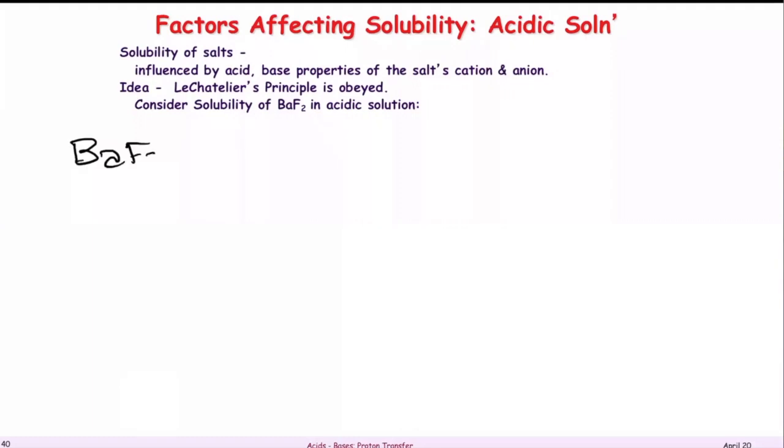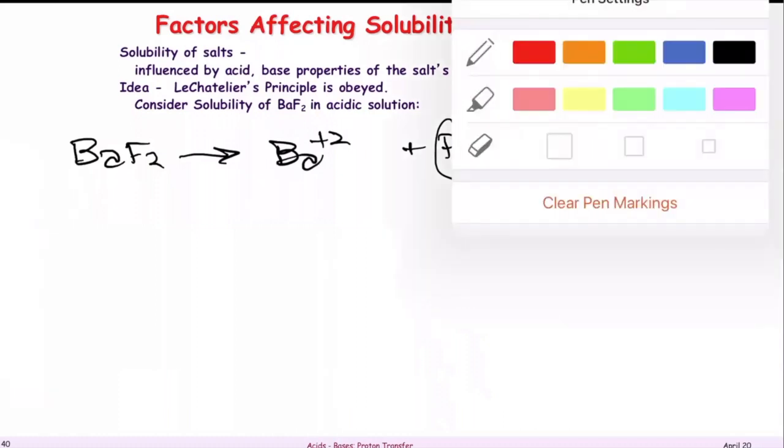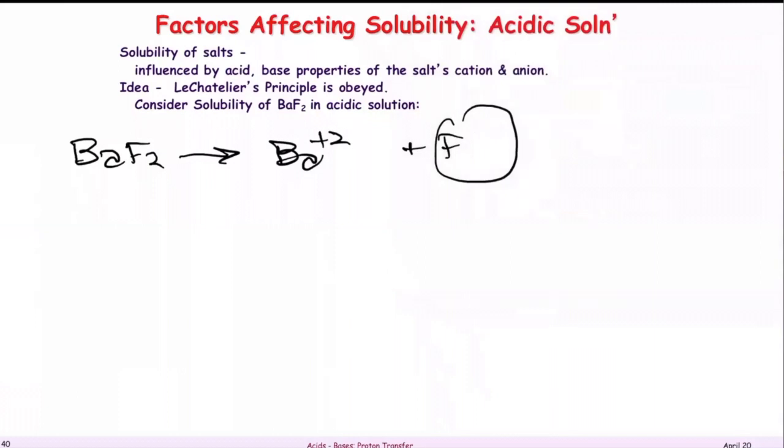Barium fluoride dissociates to barium ions and 2 fluoride ions. You should recognize that the fluoride ion is the conjugate of HF. Because it's a conjugate of a weak acid, that means it has acid-base property.